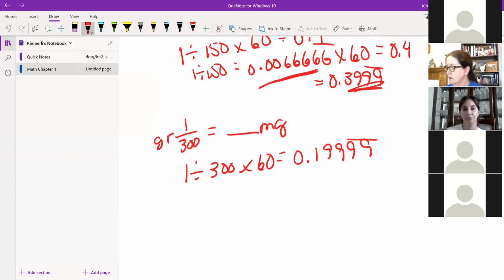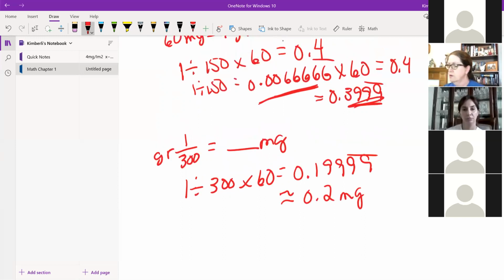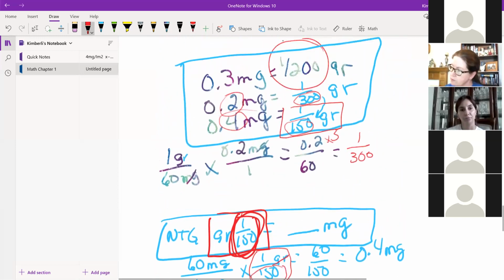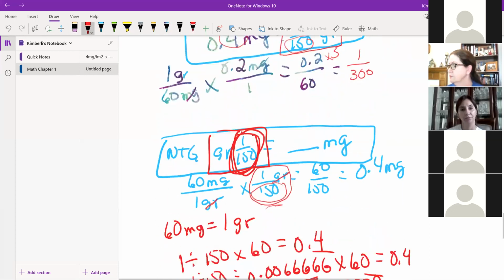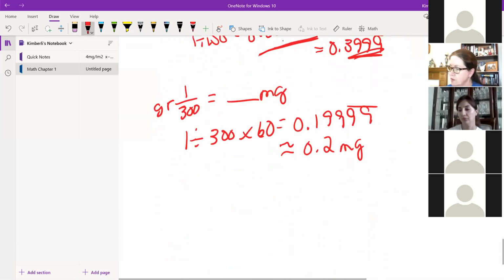And the 9999 just keeps repeating. So it's going to be 0.2 milligrams. And is that what we said up here? Yes, 0.2. Okay, so that's another way to do these.